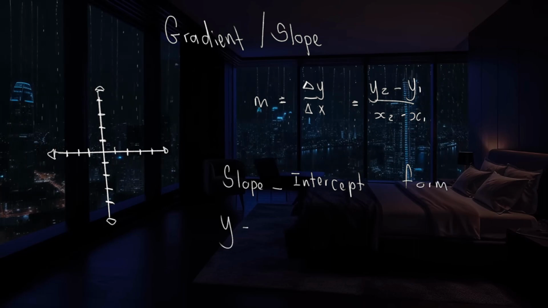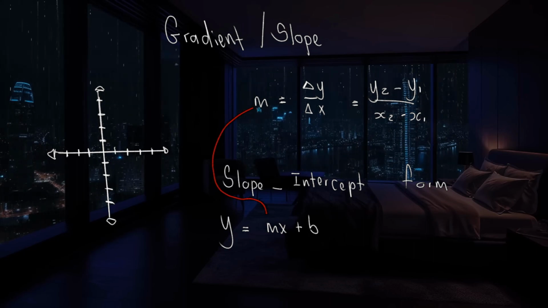And for this linear equation or linear line, which just means straight line, we have y is equal to mx plus b. Now we can see, well, all of a sudden this m is inside of an equation that shows me a straight line. Now what does this m mean?